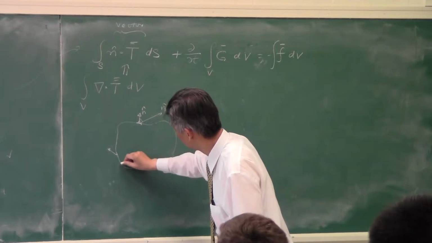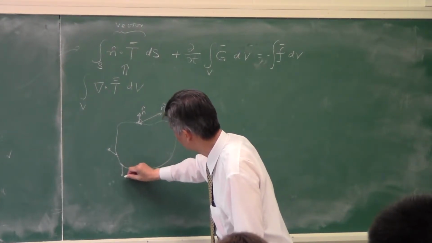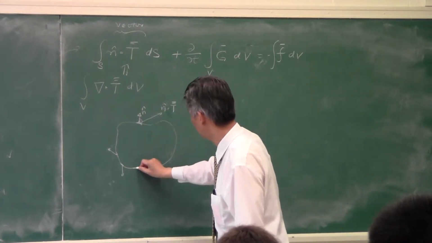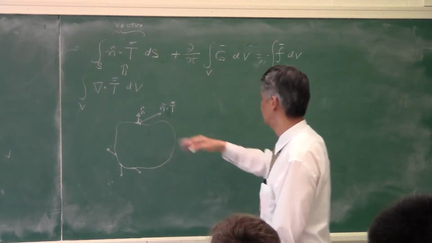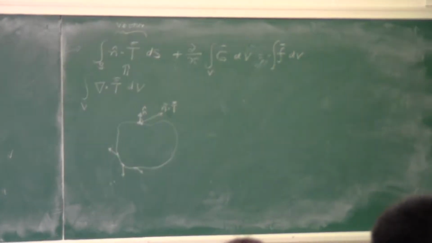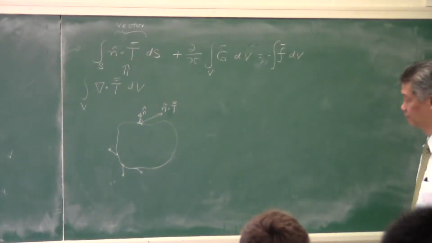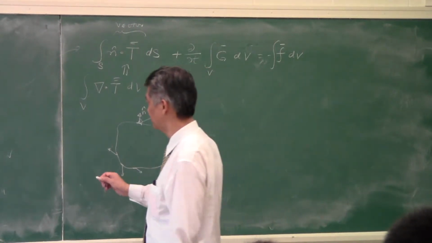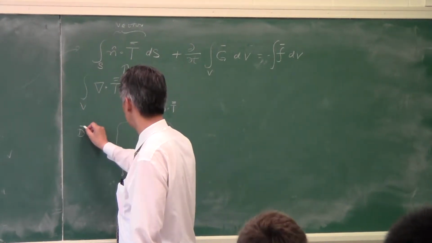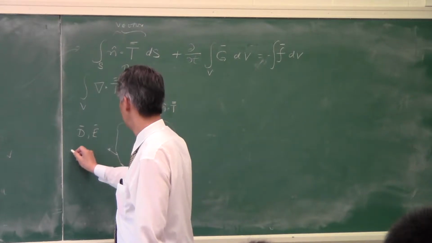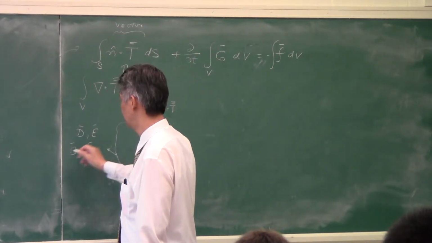Each of them will have a kind of a force acting on them if you do this integration, and then this gives you the total force on this object, okay? With this object sitting in the presence of some D, E, B, and H, okay?